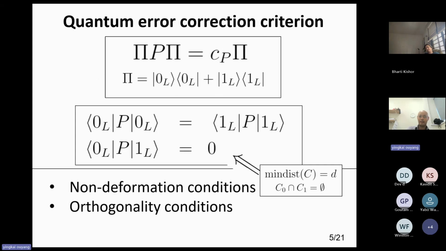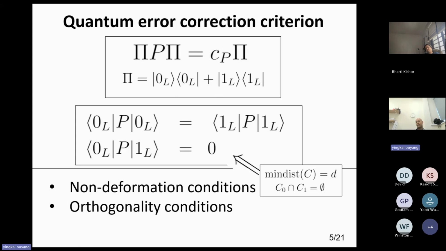This is a very nice thing about the error correction criterion. A very complicated distance condition can be checked by verifying this matrix equation for all low weight multi-qubit Pauli operators.